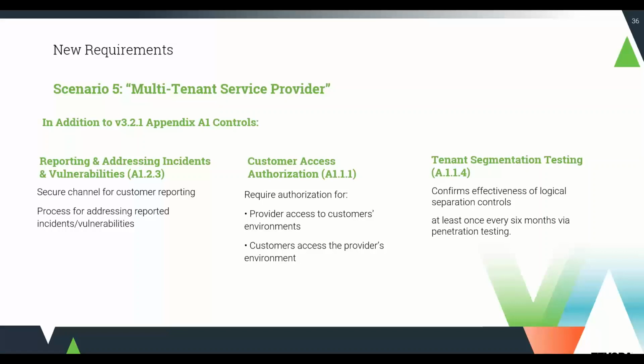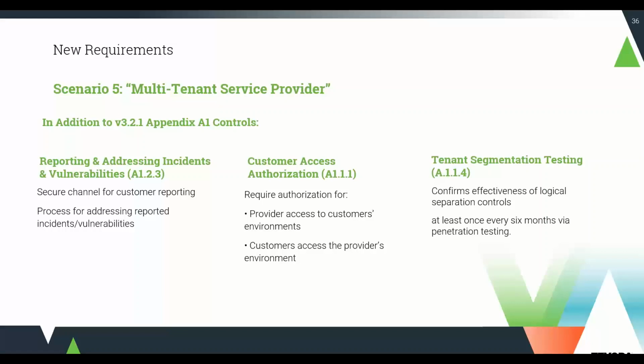The next area of controls that are net new is customer access authorization. Essentially, the key intent is that the third-party service provider cannot access the environment that the customer is responsible for.